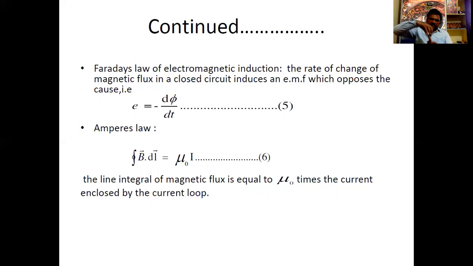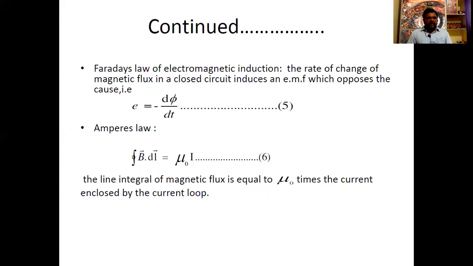Because of this magnetic flux generated due to the current, an induced EMF will be generated, but its direction will be opposite to the current. That means the EMF which is generated drives the current in the reverse direction to the actual current. Just remember that one.